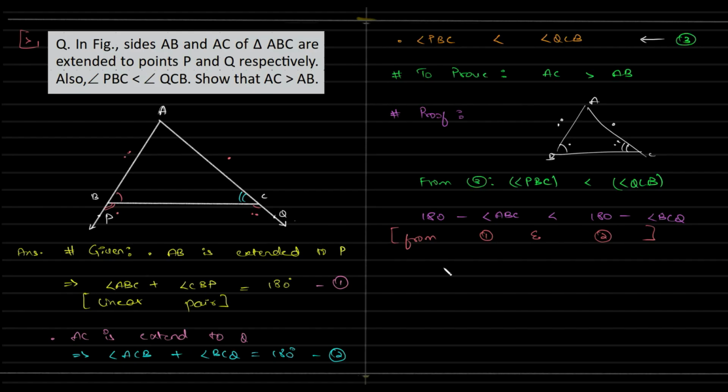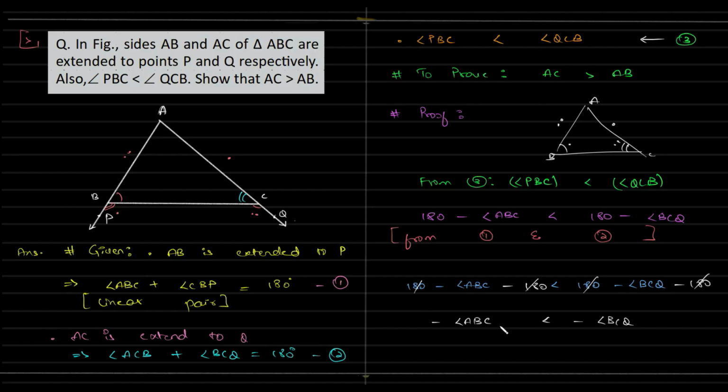Now both sides have 180 degrees. I'll do it over here so that you don't get confused. So both places have 180 degrees, so I'll subtract 180 degrees from both sides. This and this get cancelled, and we have negative angle ABC, which is less than negative angle BCQ. Next, how can we proceed?